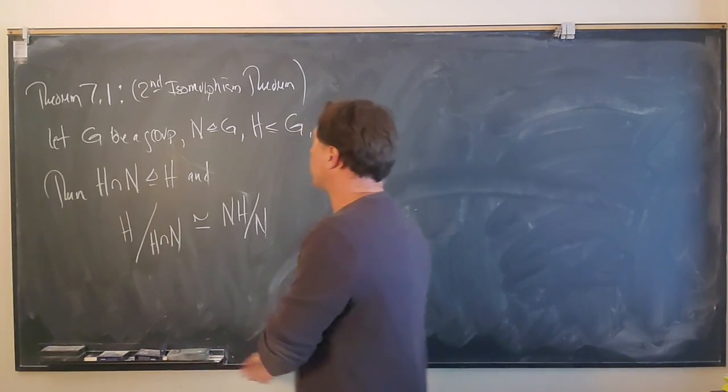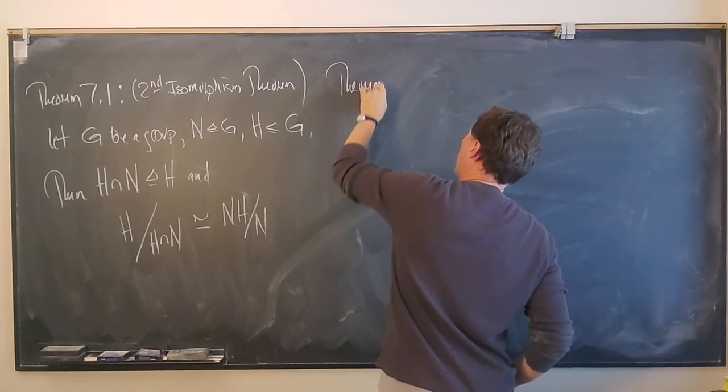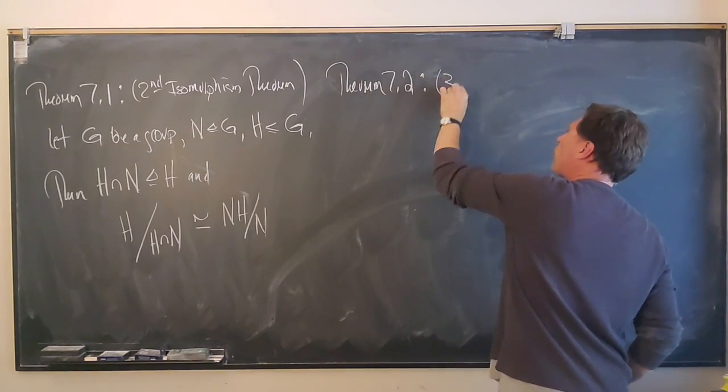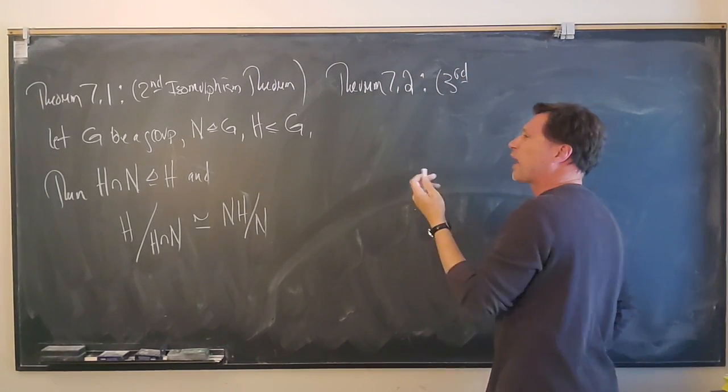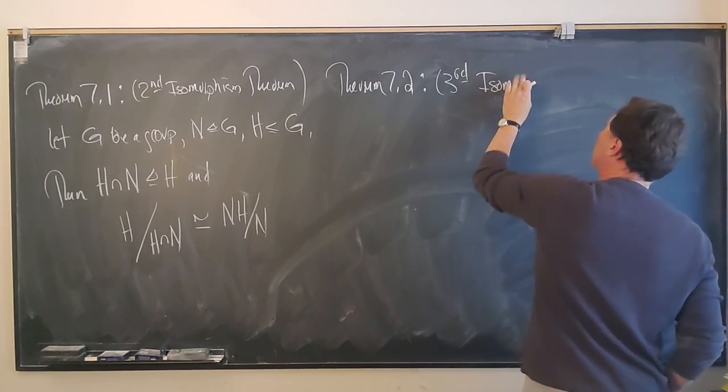Also, I want to write this one down. This is usually referred to as the third isomorphism theorem, and I think this is the one I had you prove in class as a homework problem in Math 481.